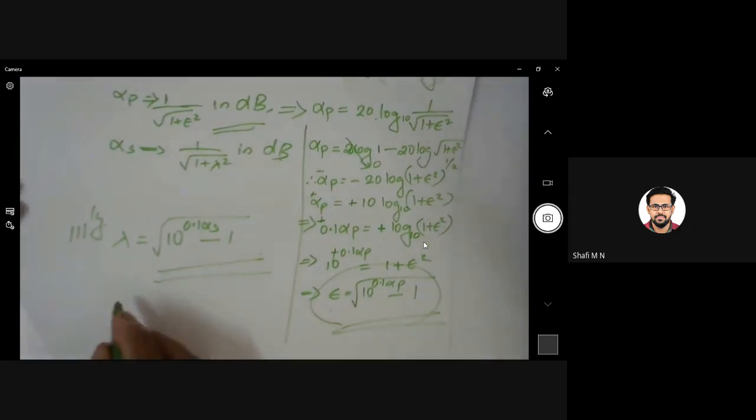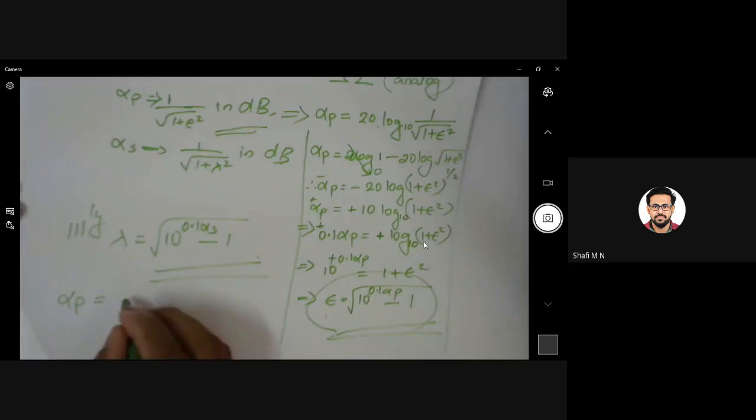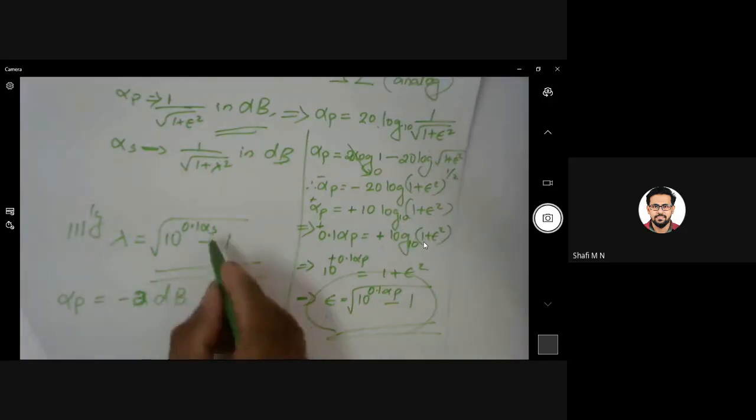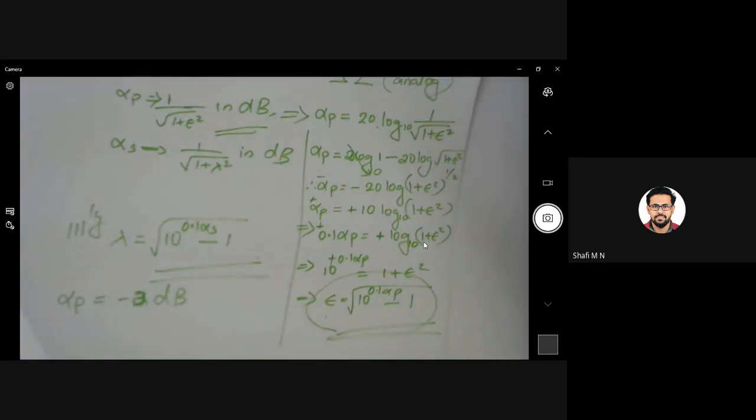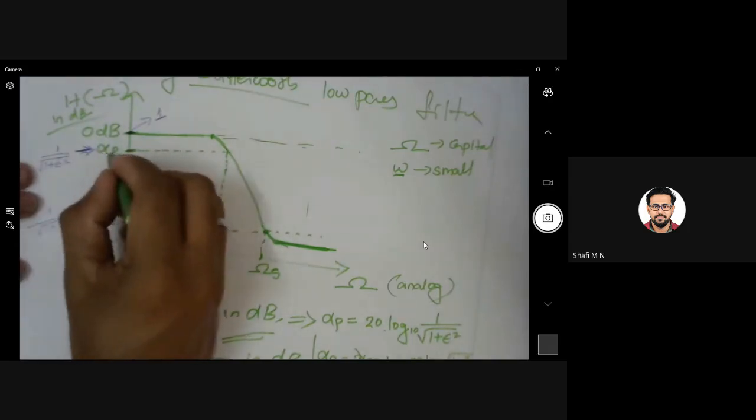I will make the thing more clear. See, if the value of alpha p is given to us, the passband edge is given as minus 3 dB or minus 2 dB. Should you consider the negative sign in this equation? Normally we just say alpha p is 2 dB. In case minus 2 comes graphically, suppose this is minus 2.